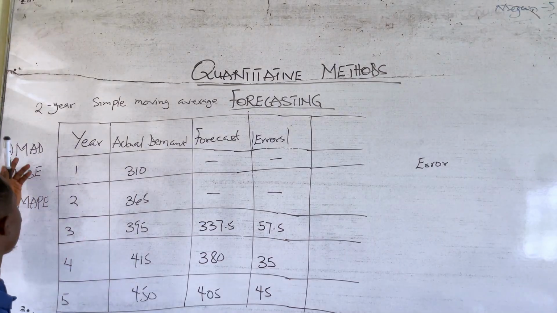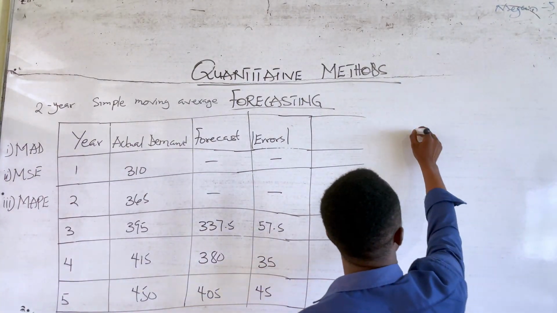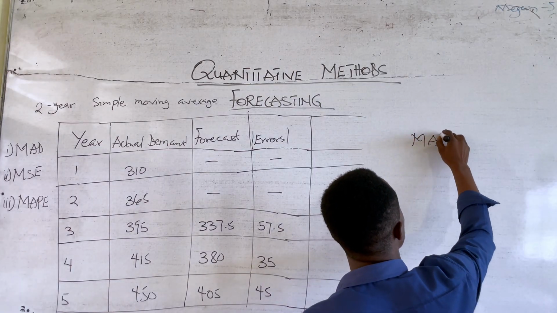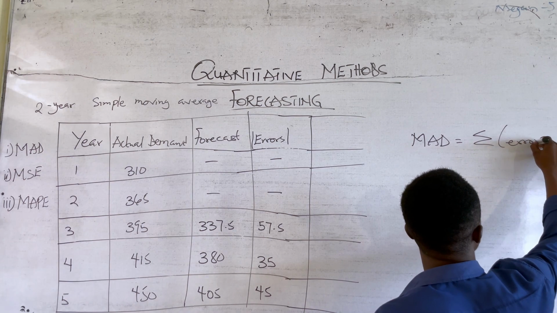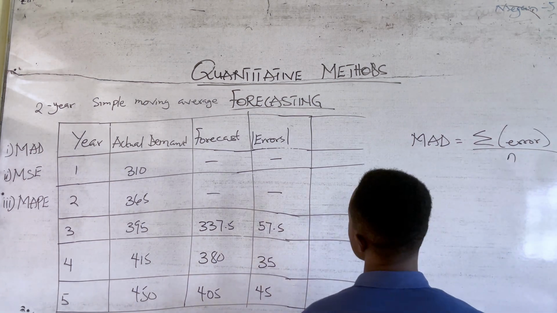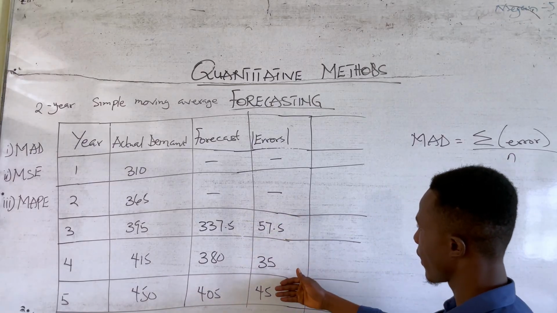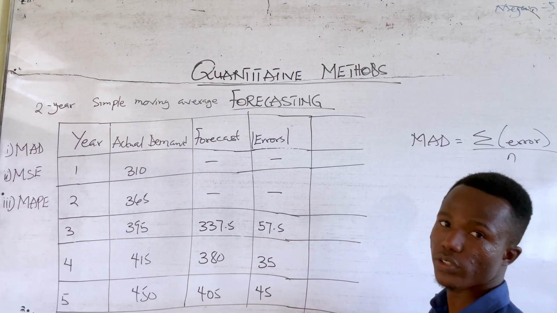So now looking at the formula for mean absolute deviation, it says we have to add the errors divided by what? The n, right? Yeah, so we have the errors here. We are going to add them. Then we divide it by 1, 2, 3, the number of errors, right?